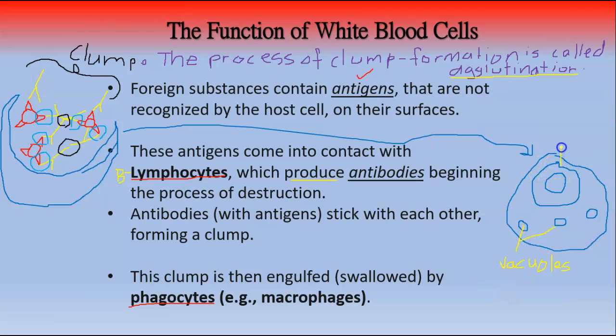This is the phagosome. Phagosome, S-O-M-E. You have the phagosome, and then here you have the phagocyte.